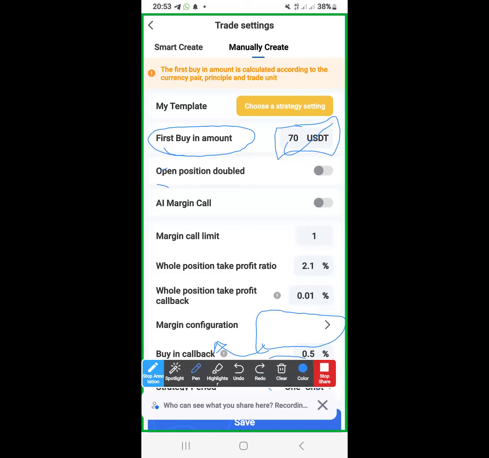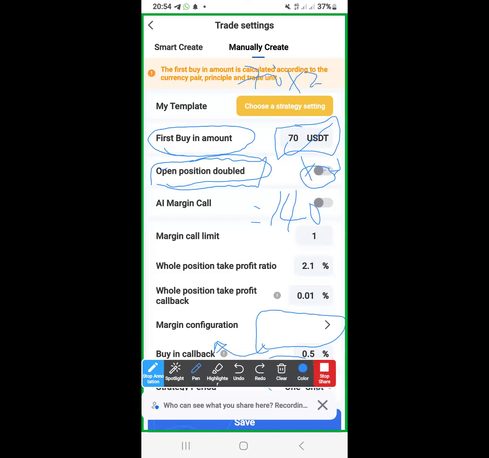Like open position doubled. You see here, it has been disabled. But if I enable it, it means that after instructing the robot to pick my $70, okay, if I have opened this one here, it is going to double the 70, multiply it by 2, to have a total of $140. So in actual sense, here the robot would have picked already $140 because here you told it to double the position.